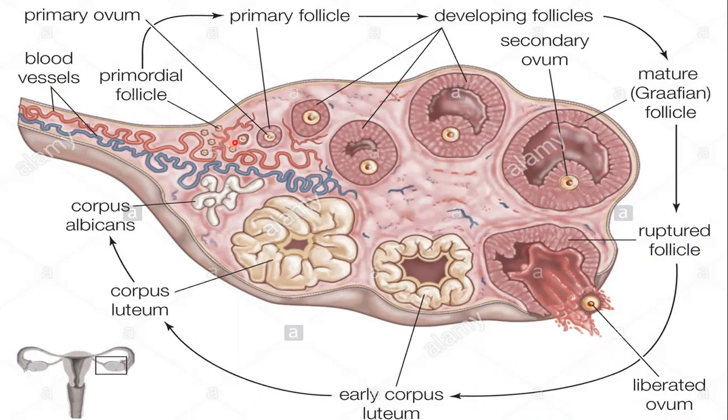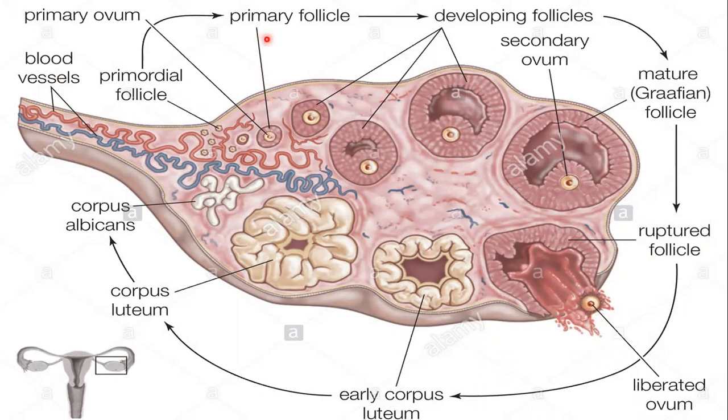In a few slides back, we have already discussed that the number of primordial follicles at puberty is in the range of 40,000, right? And then from this pool, 15 to 20 follicles are selected per month during each menstrual cycle, and they will eventually pass through these stages, and finally one of those 15 to 20 follicles will be ovulated, right?